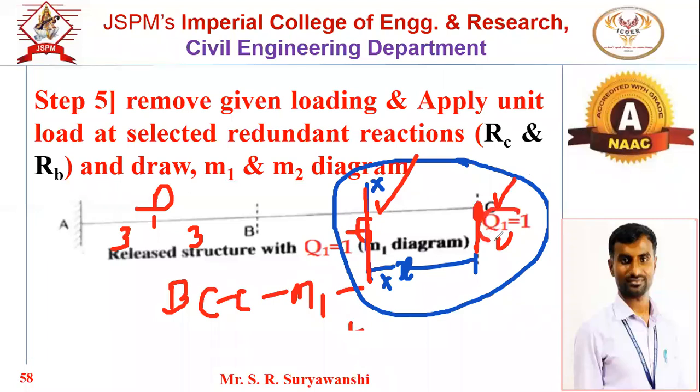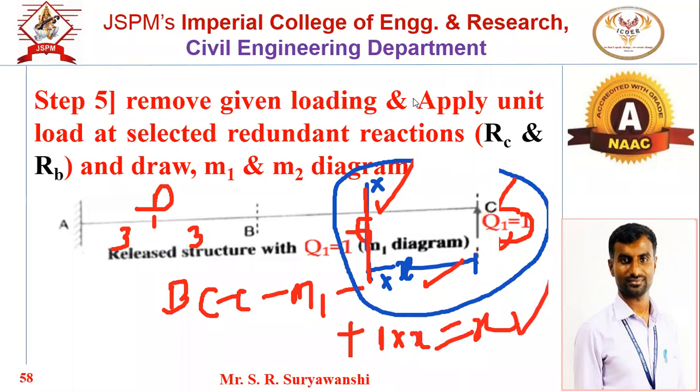The force is 1 kilonewton, anti-clockwise, right portion, therefore plus. The perpendicular distance from the load to the section line is x. So plus 1 into x, so we can say plus x. Plus x is the M1 bending moment equation.